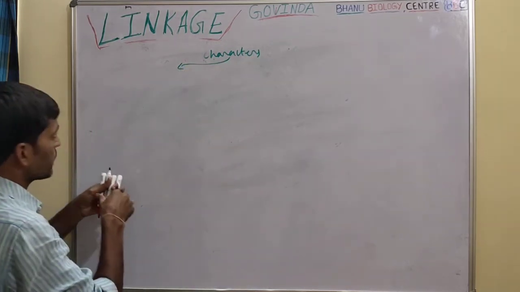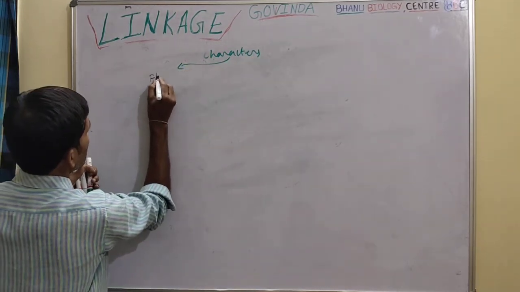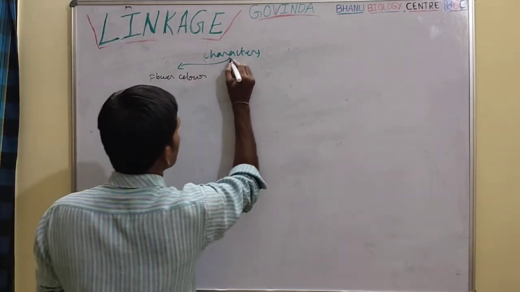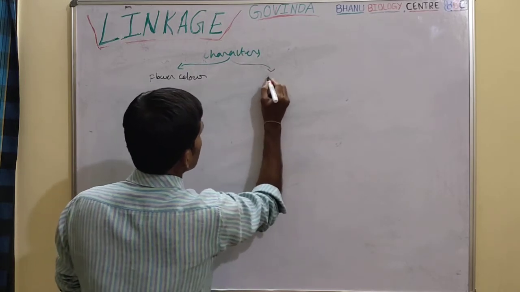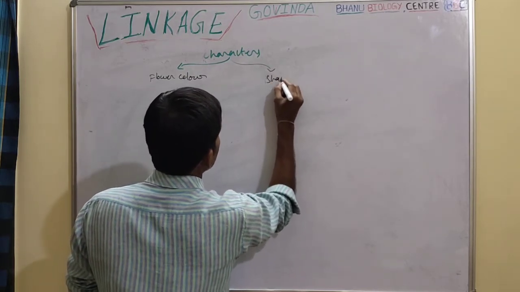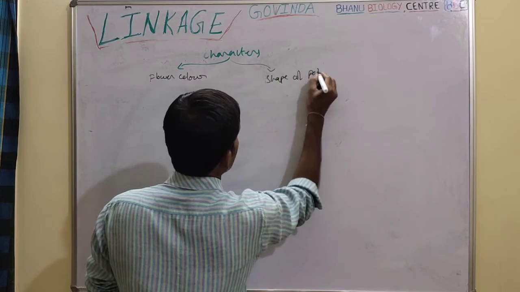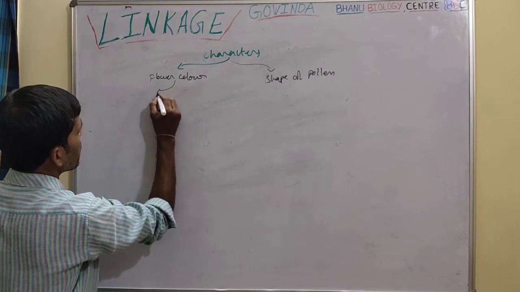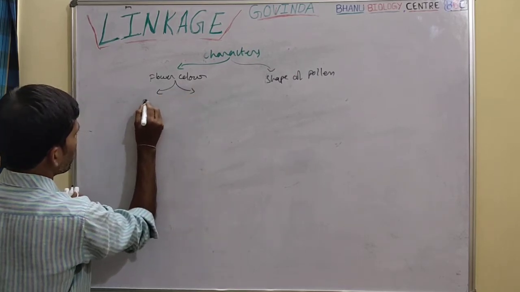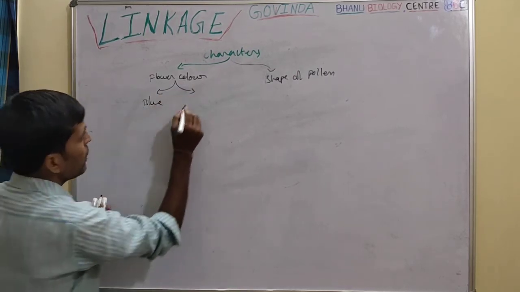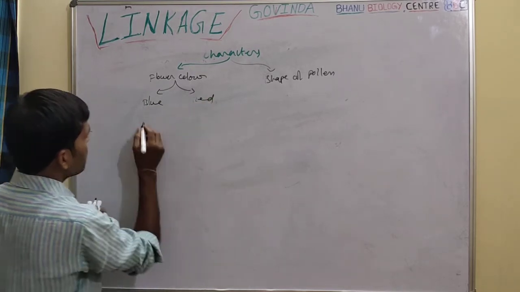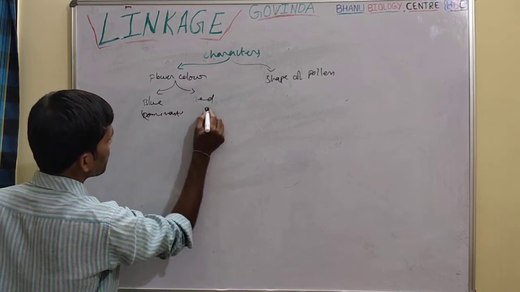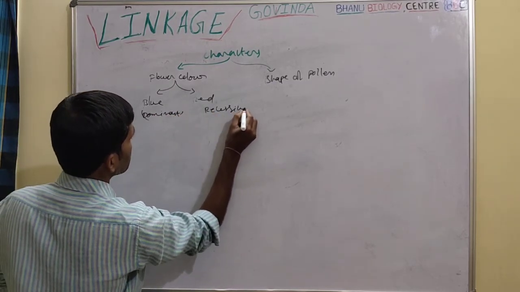The characters selected by them: one is flower color, the other character is shape of pollen grain. In the flower color, one is blue color, another one is red. Blue color is dominant over red, which is recessive.